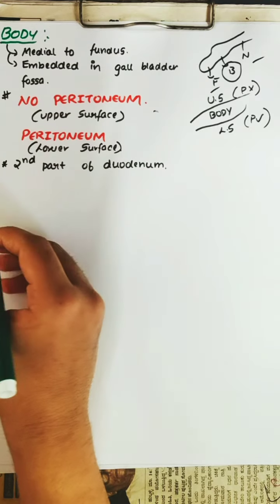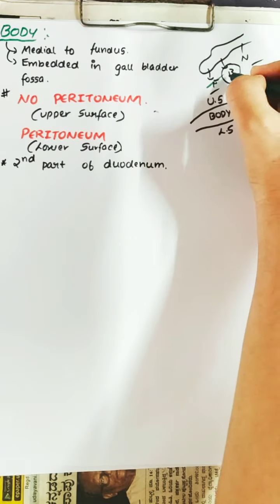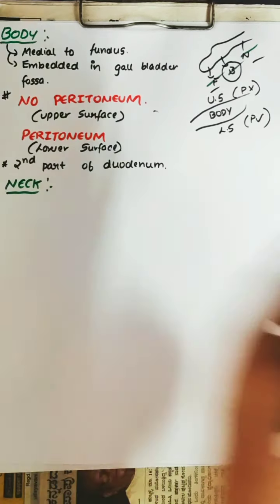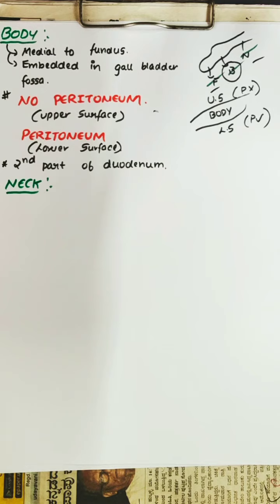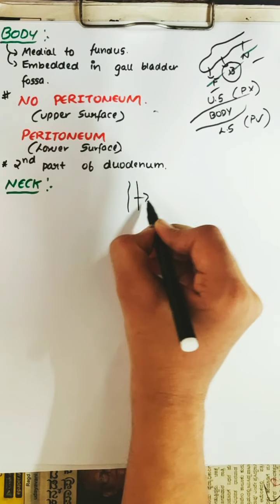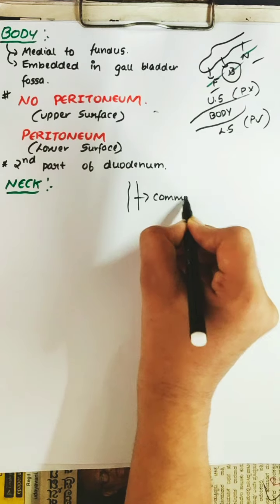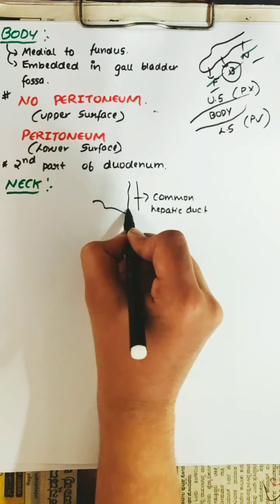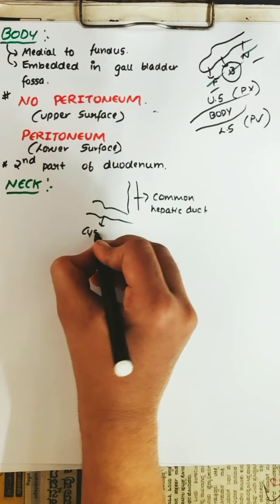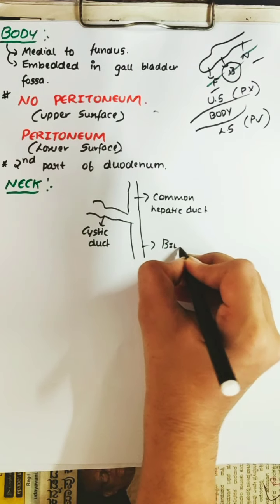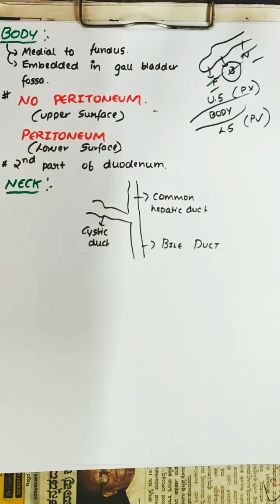Now, since the fundus and body are over, next comes the neck of the gallbladder. The neck connects the cystic duct to the common hepatic duct to form the bile duct.